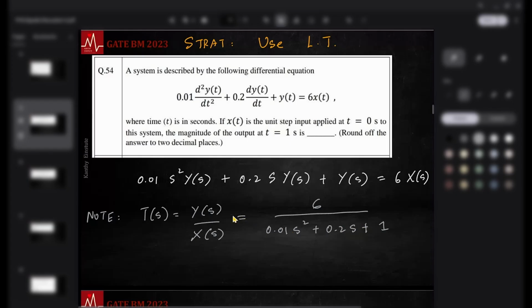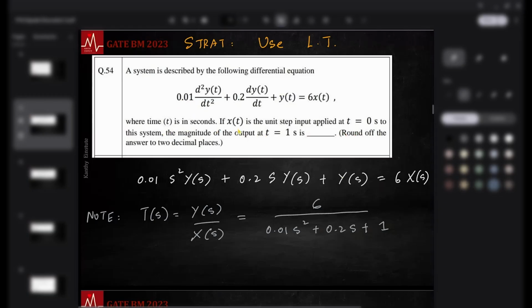This is your transfer function, and if you multiply and divide by 100, it gets easier. We'll do that whenever it demands it.